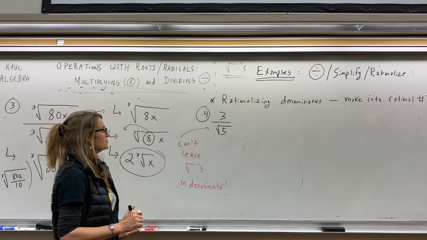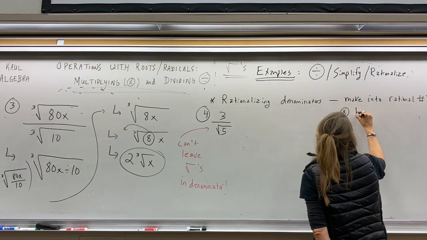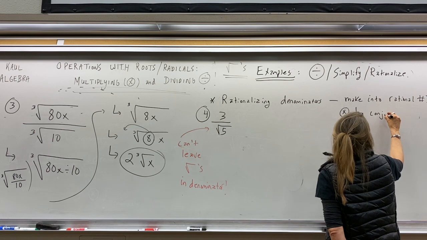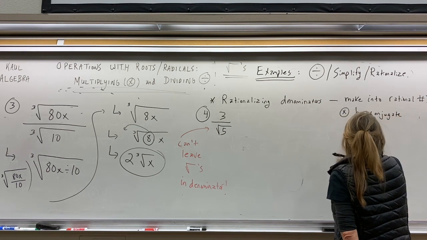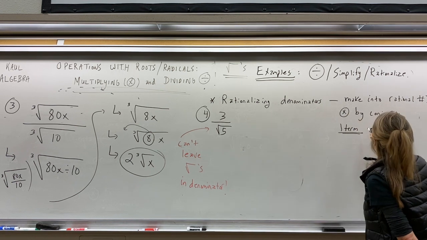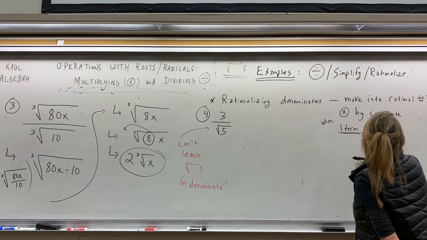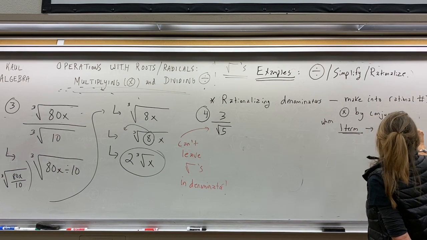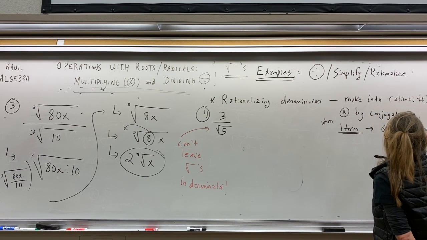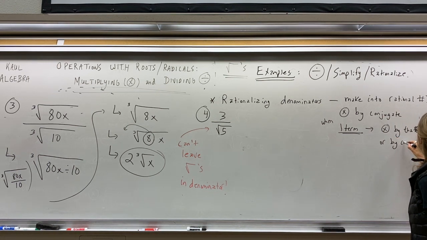So what we do is we multiply by the conjugate. So you multiply by your conjugate. And when you have one term in the denominator, you multiply by that root, or by a combo that gets rid of the root.